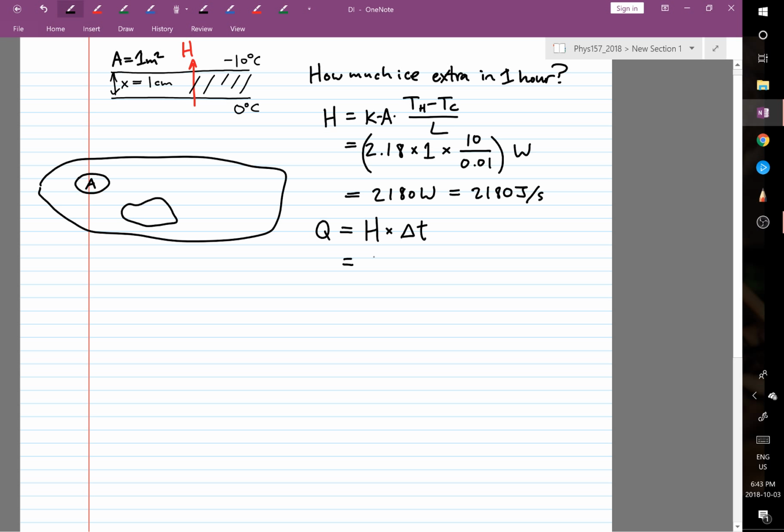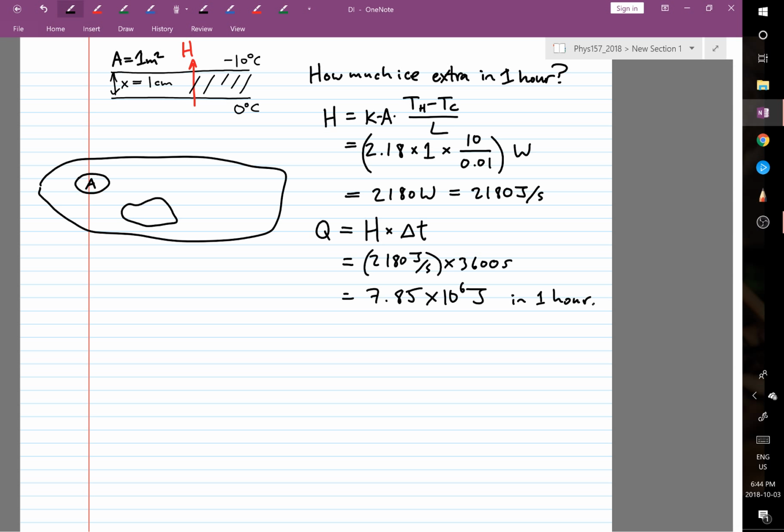So that's 2180 joules per second times 3,600 seconds, which works out to be 7.85 times 10 to the 6 joules in 1 hour.